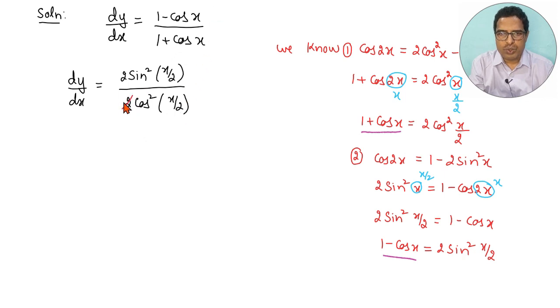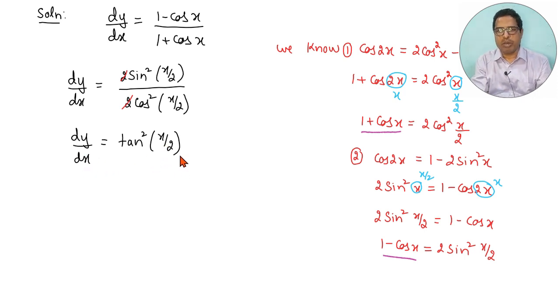We see that this 2 and 2 will cancel out, and sine by cos will be nothing but tan. So therefore we will be getting tan square of x by 2. So we have dy by dx is equal to tan square x by 2.